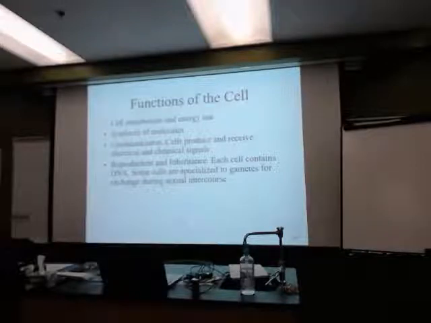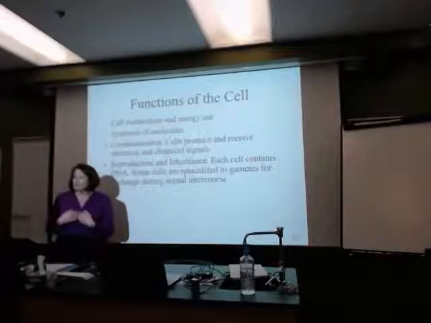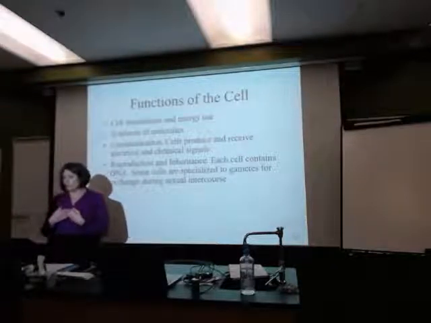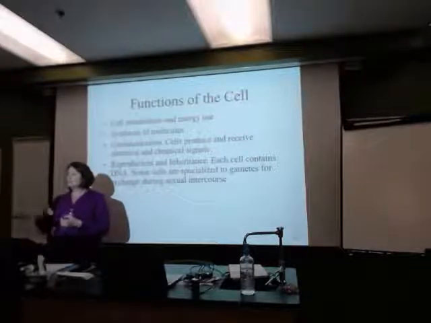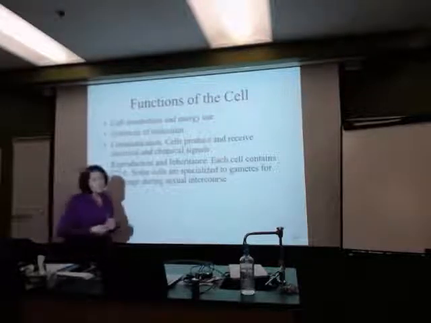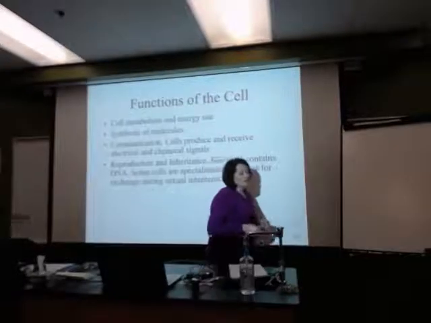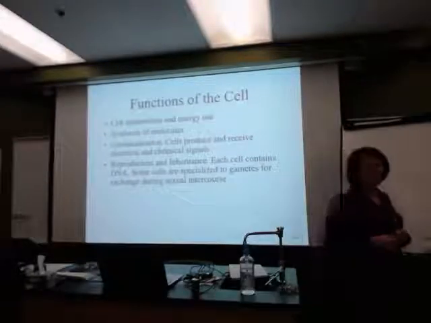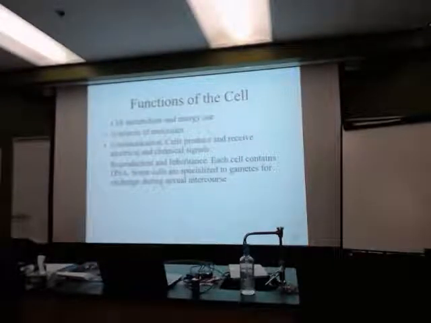The cells need to reproduce and pass along inheritance, which would be the genetic material. In our case, being an animal, the processes for passing along the genetic information is going to require the cellular division of meiosis.